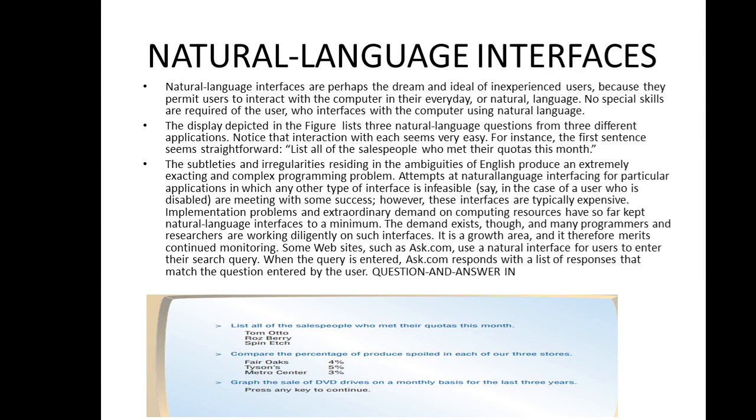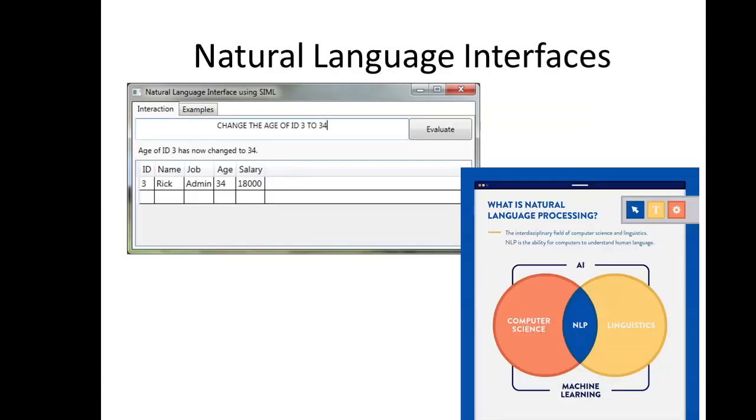Actually, the Google search engine also makes use of natural language. So here are even some examples of natural language. Here we can see that the user just typed, change the age of ID 3 to 34, which is very straightforward.